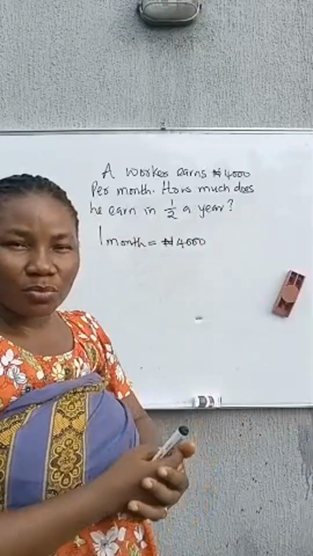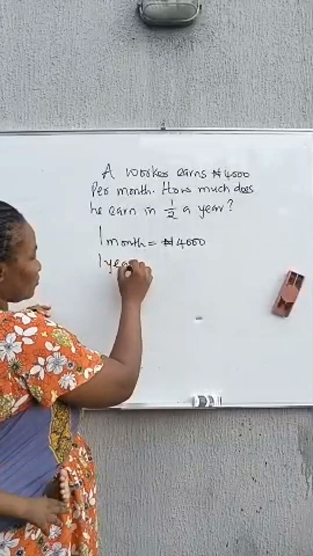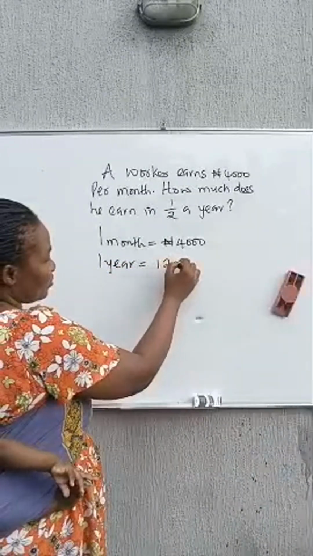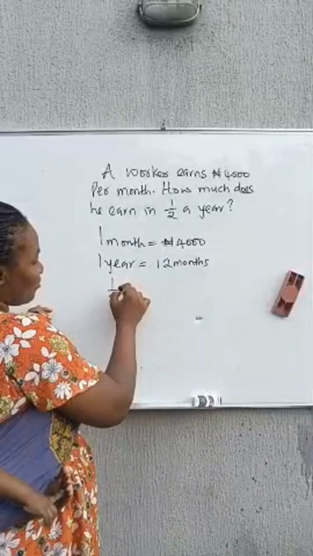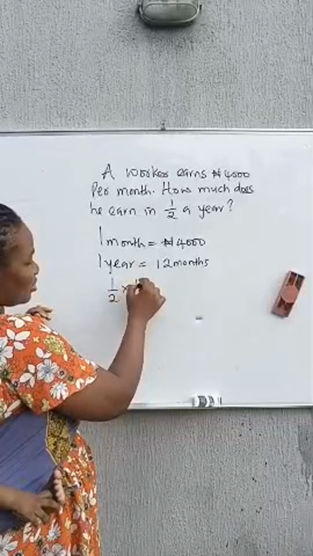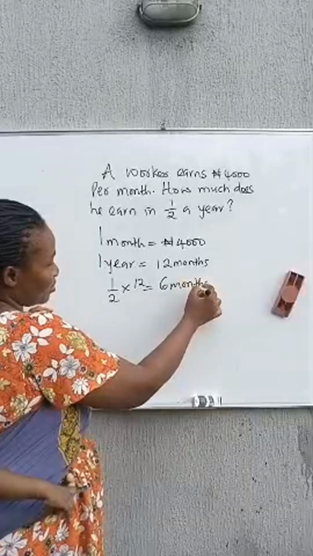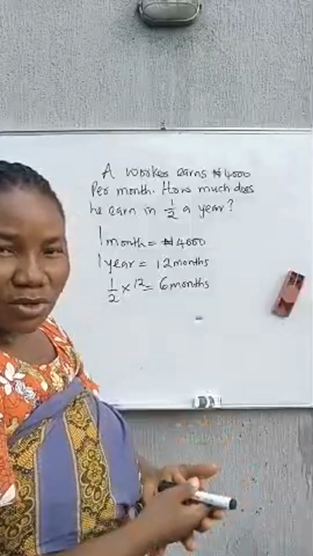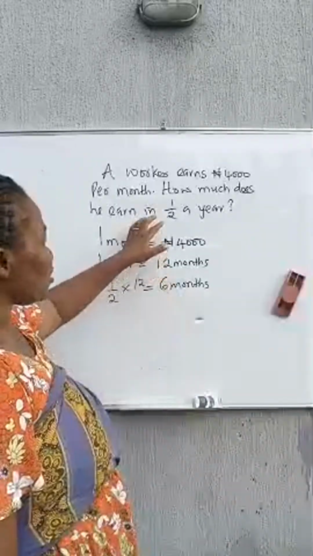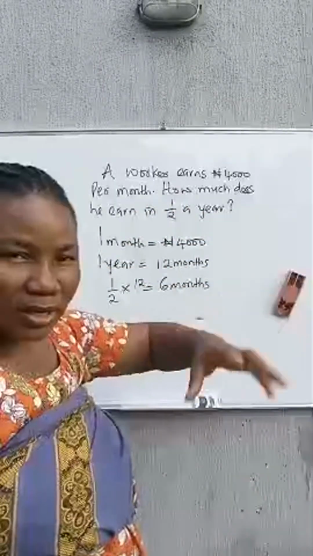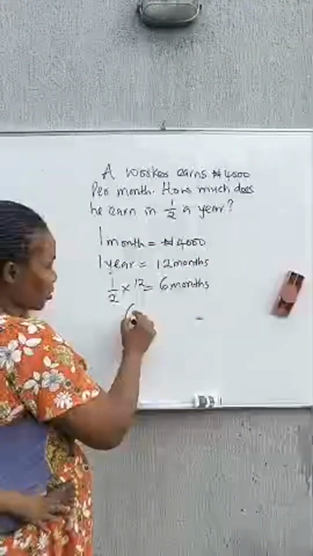We know the number of months that makes a year. 1 year is equal to 12 months. So half of 12 months equal to what? 6 months.